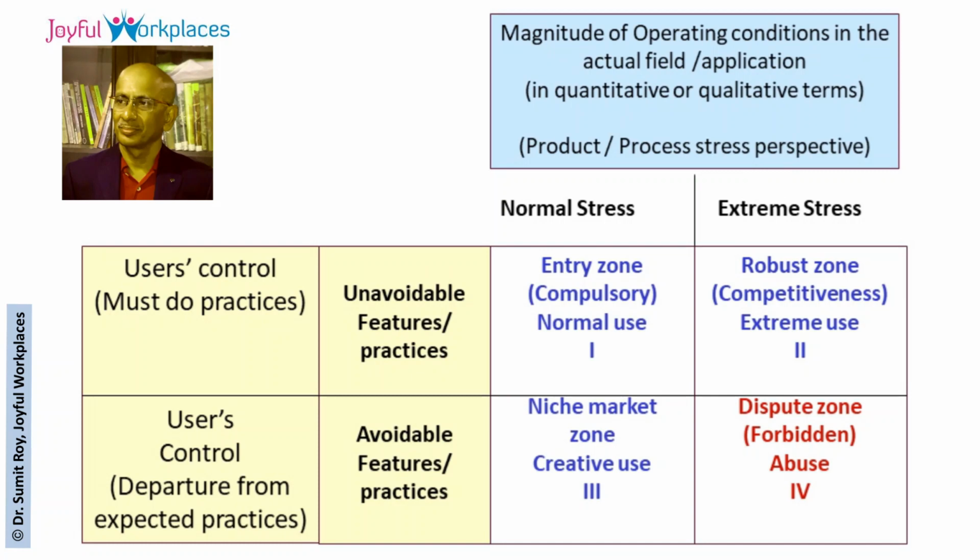However, if that practice continues and the temperature is not much, and people have been keeping that say another 5 degrees or so as a normal stress, these are avoidable features, but despite that the users have been doing that.